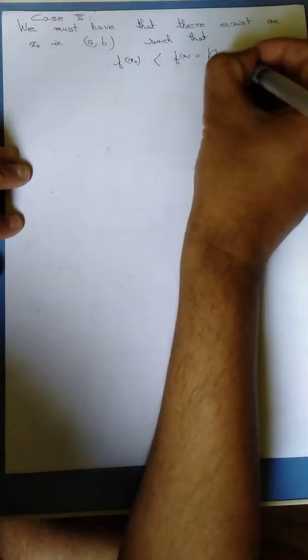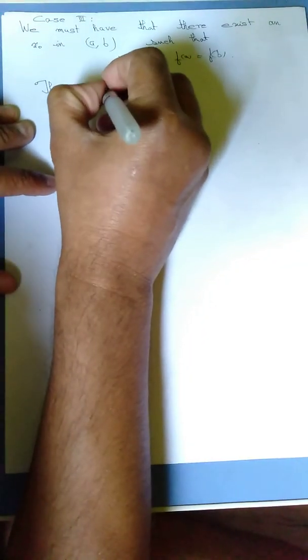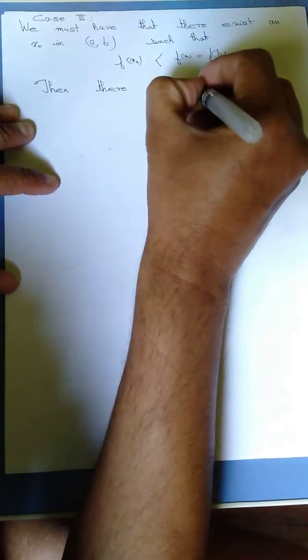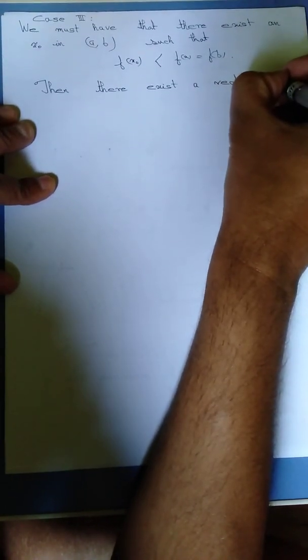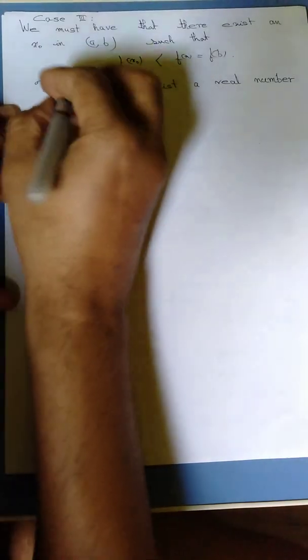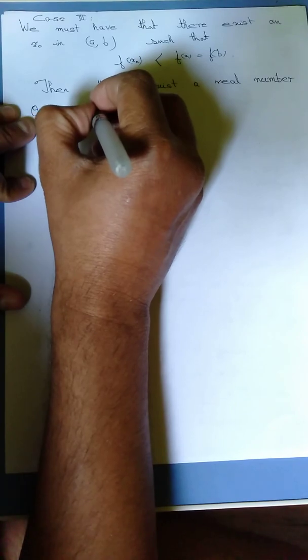Once again, if it is less than, then you should have some minimum because of continuity of the function. Then there exists a real number, let's write once again theta, let it be capital theta, in the open interval.